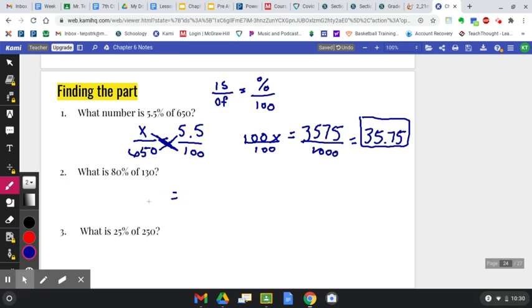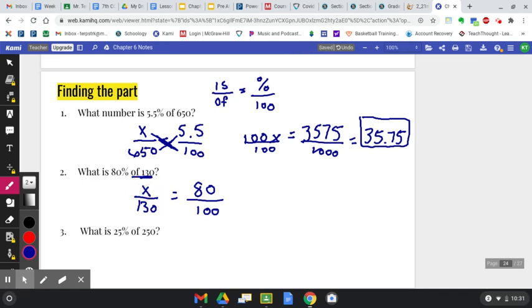All right, take a second and see if you can set up this proportion. Remember, the 100 is always in that spot. It says, what is 80% of 130? So 80%, that should be an easy one. That's a percentage that goes here. The of is 130. I'm looking for the is, the part.